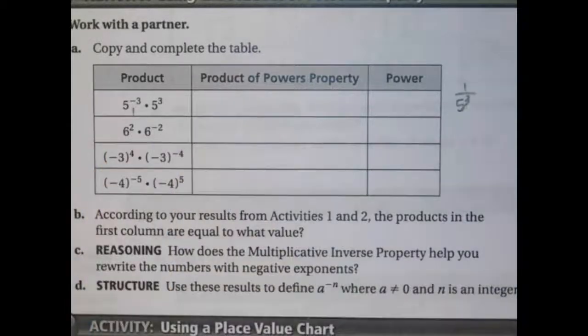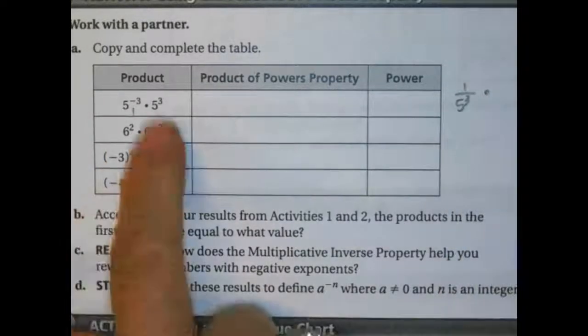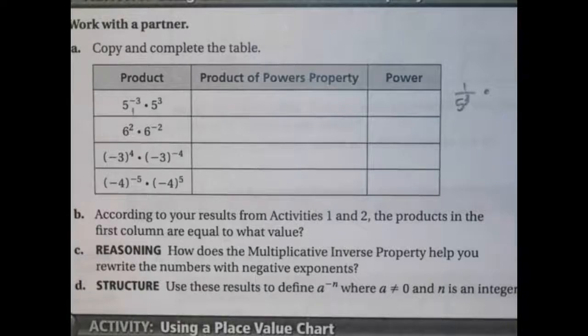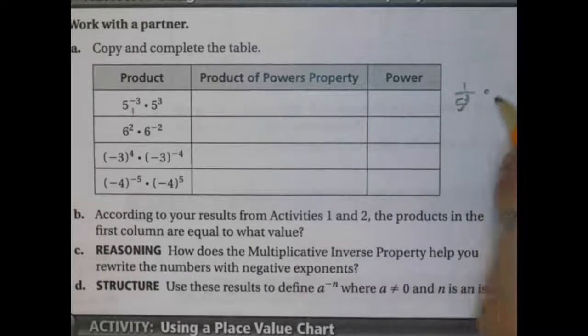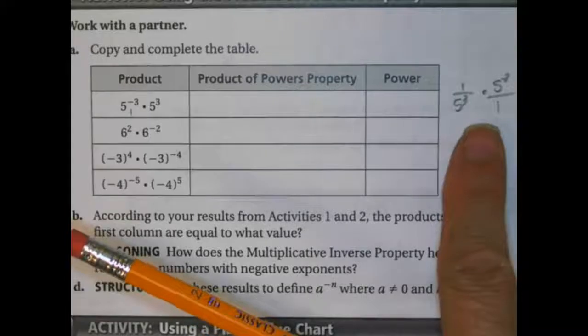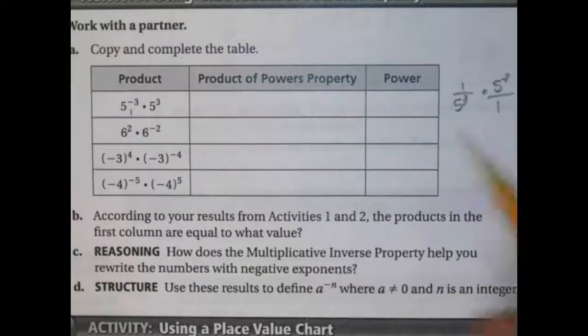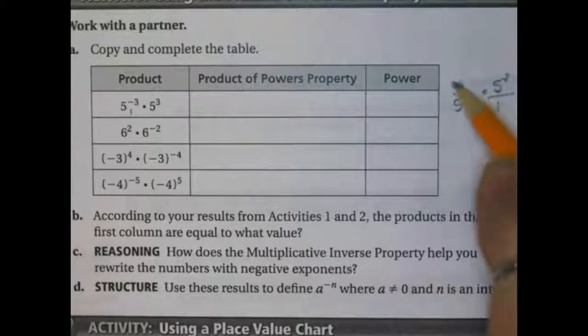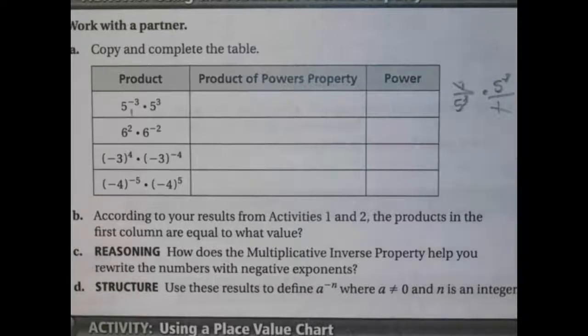So I'm still going to multiply by 5 to the 3rd, right? So this is still 5 to the 3rd, but I'm going to put it over a fraction. Bless you. Okay? So listen. What can I do to these numbers here? I can cross cancel them, right? They kind of eliminate.